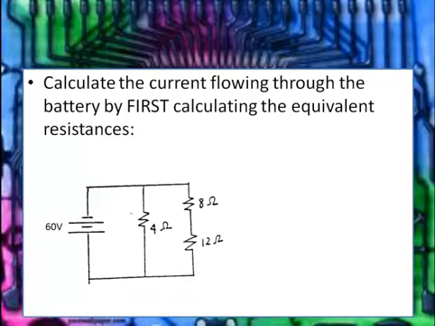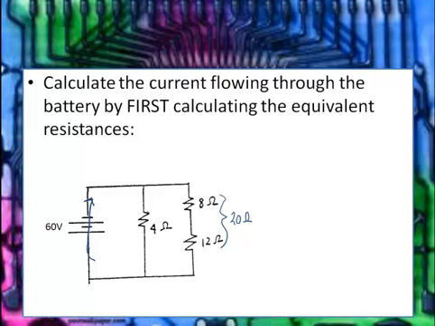So, one last example that balances all these things and combines them together. I'd like to find how much current runs through the battery portion of this circuit, and do that by finding the equivalent resistance of all of this. We can do that if we add these together. Since these are in series, we can say that this part of it is 20 ohms.